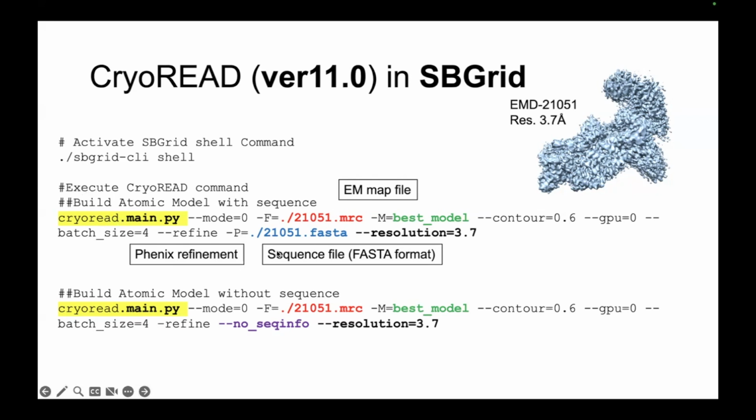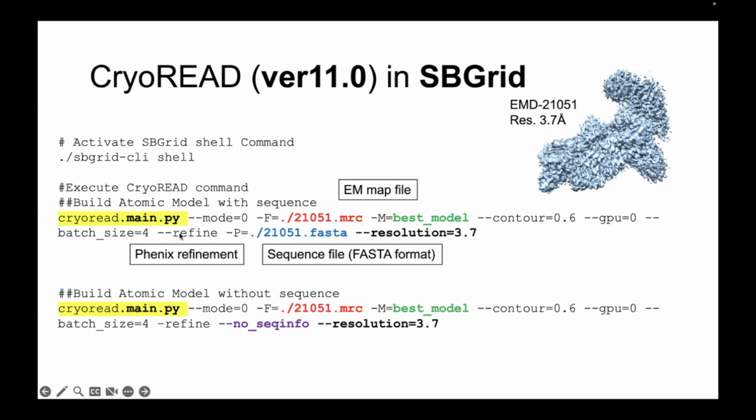So if you have a sequence file, a FASTA file, please use this command. cryoread main.py, then the -f option specifies the input density map, then -m best models, then contour levels, GPU ID, and the minus define options.